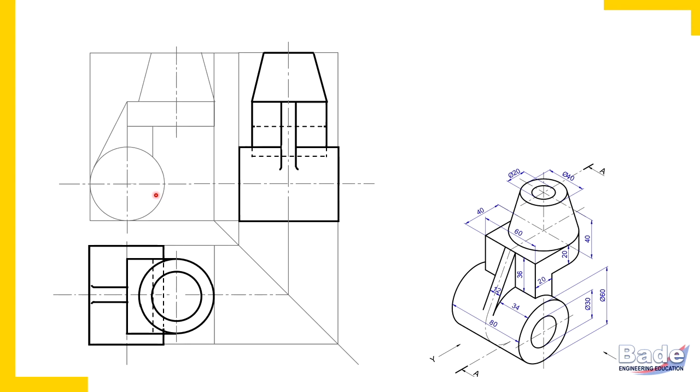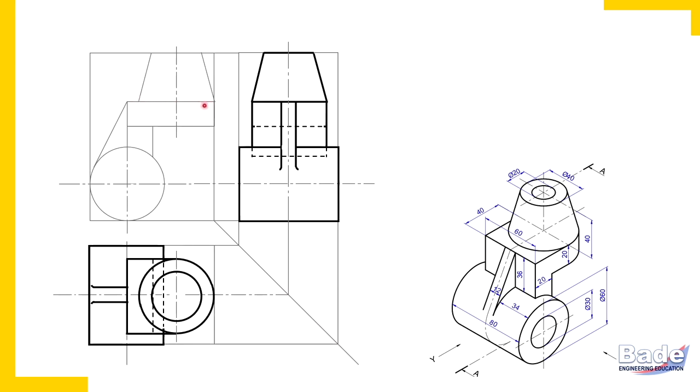Two portions of an object, listen to me very carefully. Two portions of an object, when they get cut by a cutting plane, boundary between the two portions, you will have to erase it. Correct? So here this conical portion and that U-shaped plate, boundary between this conical surface and surface of the U-shaped plate, this boundary you will have to remove.